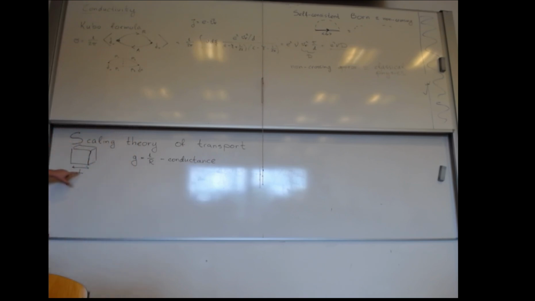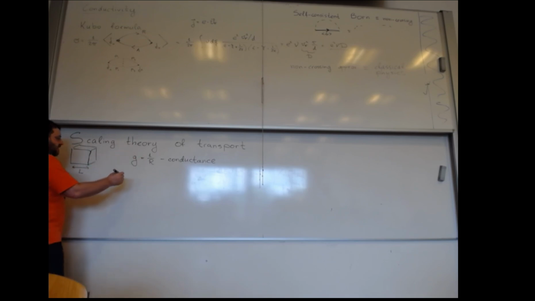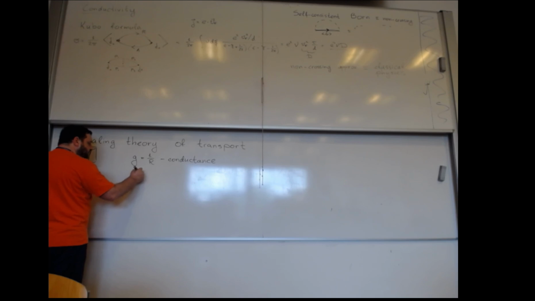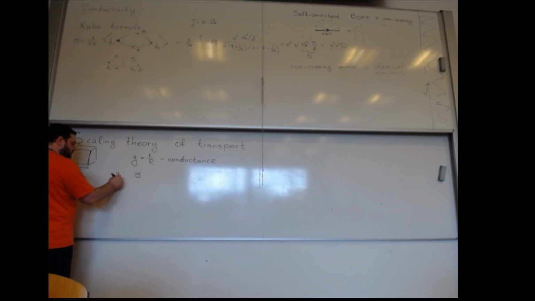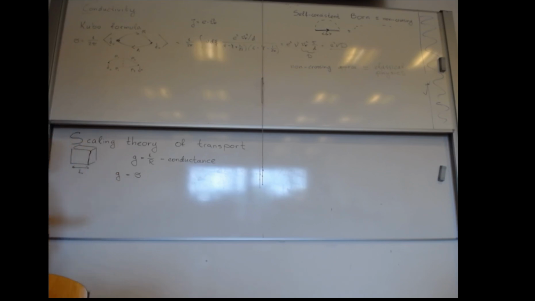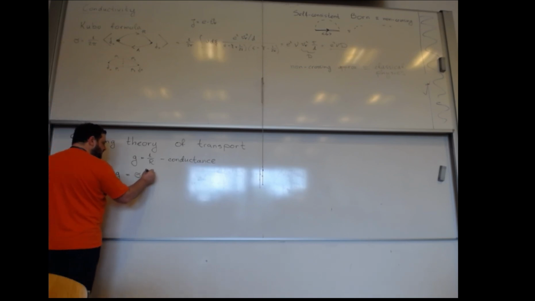So, for a piece of metal of size A, there is a conductance, and there is a conductivity, sigma, which is a material parameter. Conductance equals conductivity times the cross section. The wider the sample, the better it conducts. Cross section is A to the power d minus 1.